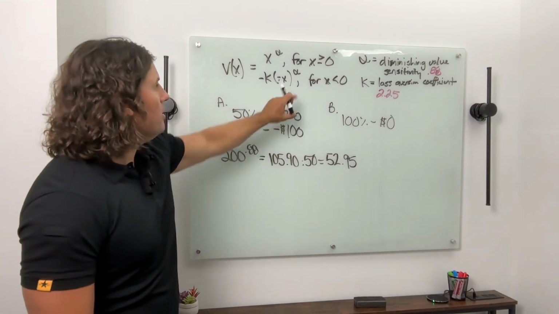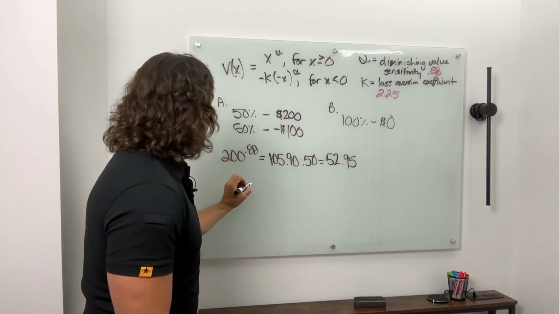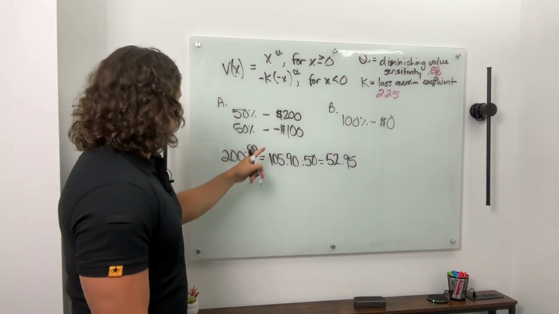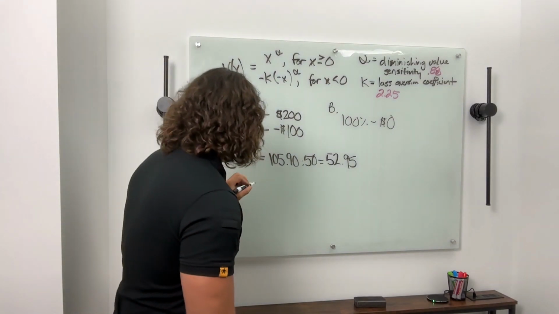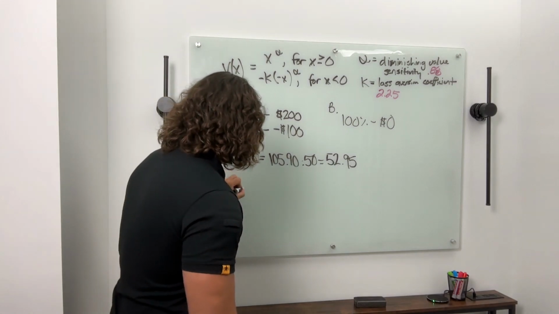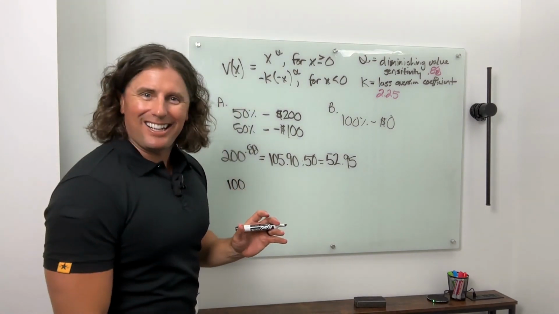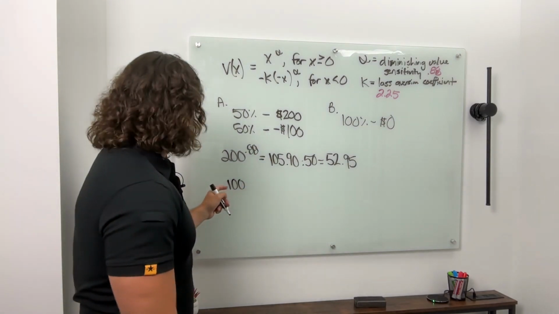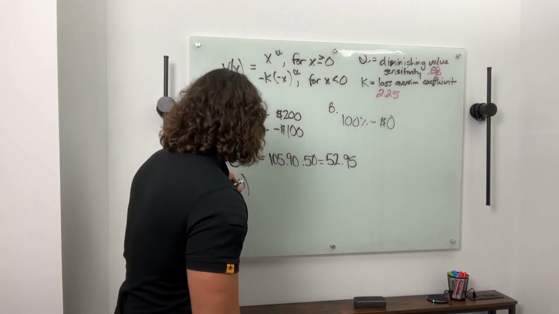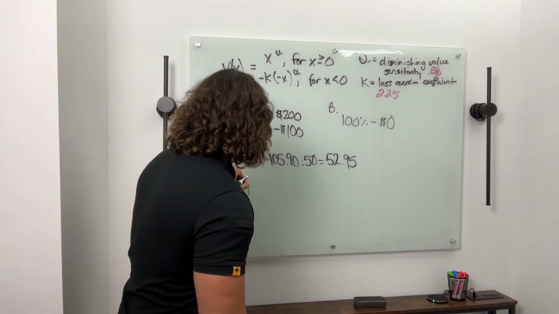Next, we're going to use this for the loss. We're going to use this function. So negative K, or negative, is going to make this positive. So I've got positive. I didn't misspeak there. Sometimes I do misspeak. I did not misspeak there. Negative is 100 to the 0.88 power.